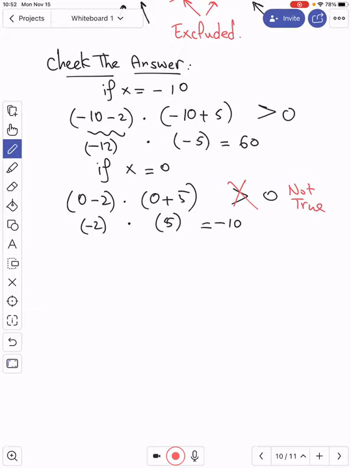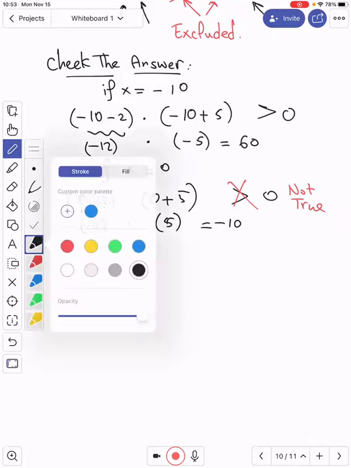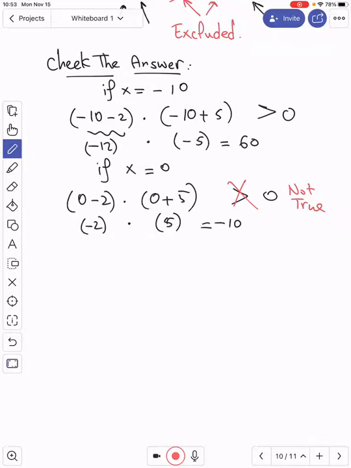But sometimes it's not convenient, because sometimes you have polynomials where you get some large numbers. If you use -10 and plug it into your polynomial, sometimes you end up with very large numbers, or you get stuck with the computations. I think this chart is the most convenient way to solve these inequalities. We'll see.